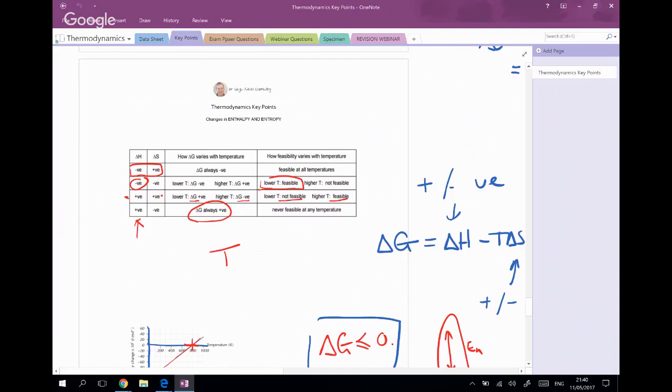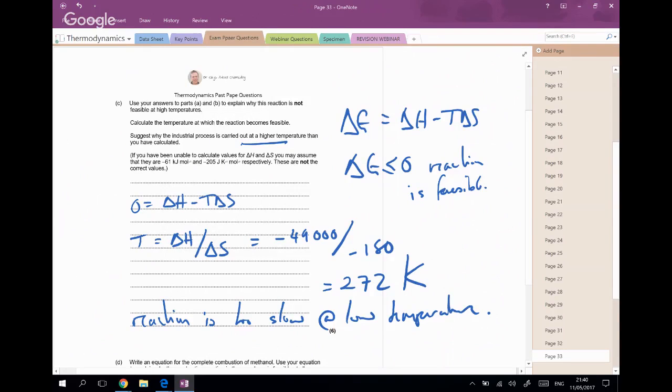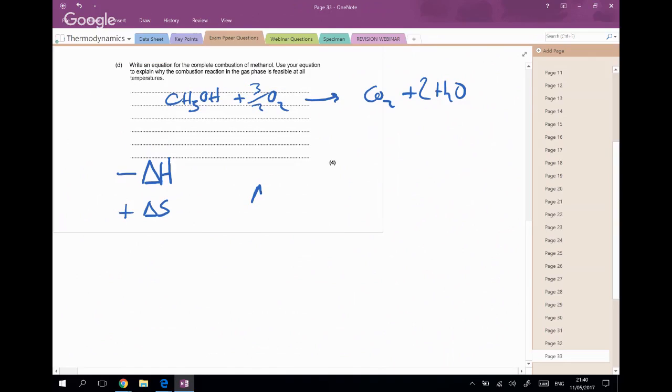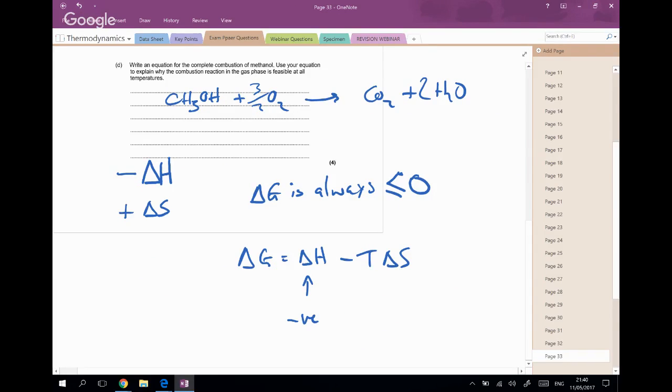If I have a negative enthalpy and a positive entropy, the key thing is to point out that delta G is always less than or equal to 0, because enthalpy is negative. So in that reaction, delta G is equal to delta H. So this is always negative. And you're always going to be taking away a negative value because the entropy is positive. And so delta G is always negative and therefore always feasible.